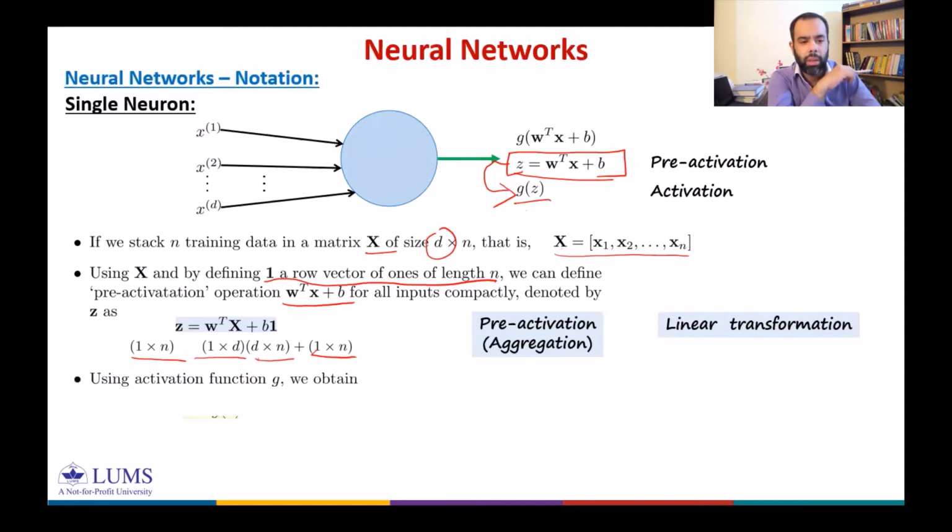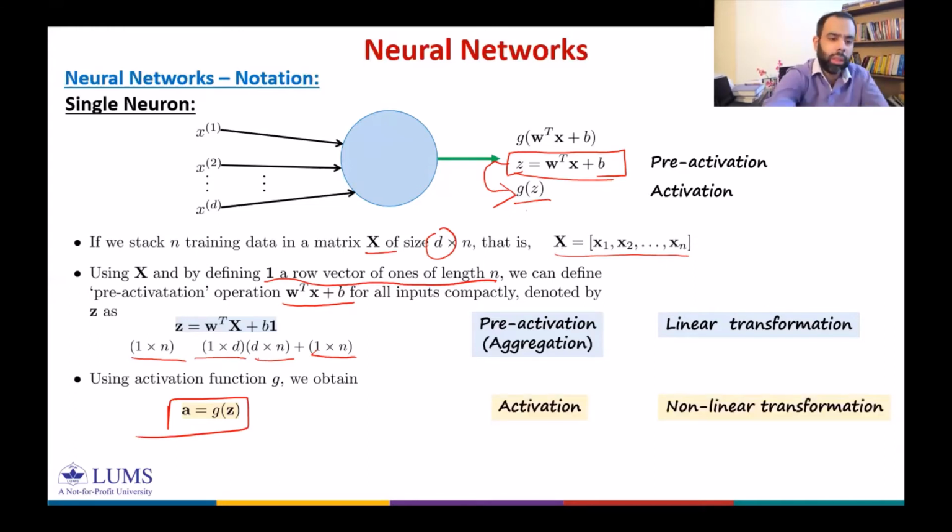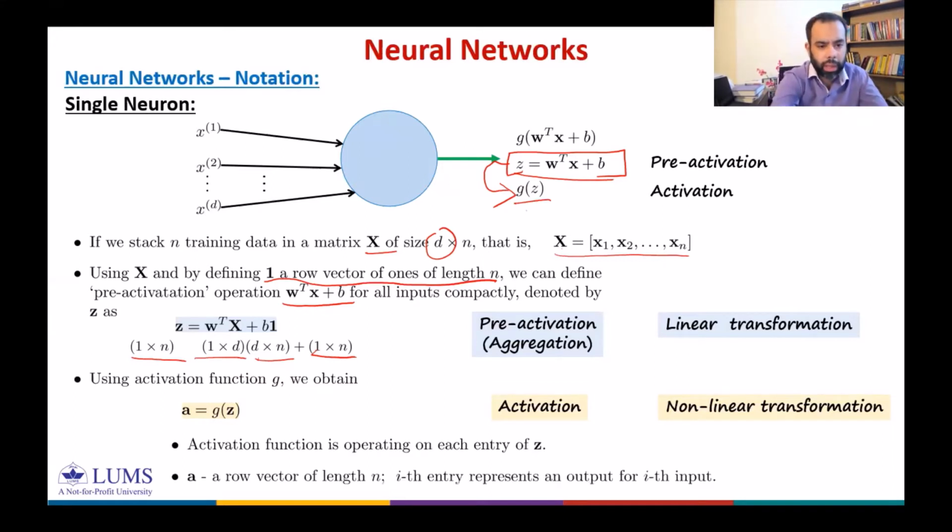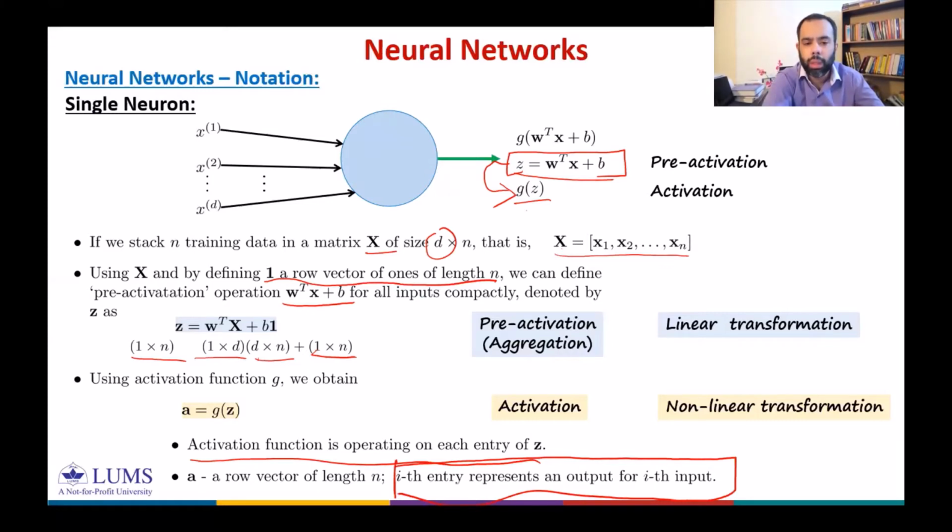So using the activation function, we obtain A, which is G of Z. This is the activation, or as we said earlier, the nonlinear transformation of Z. The activation function operates on each entry of Z, so A is a row vector of length n, and the ith entry represents the output for the ith input.